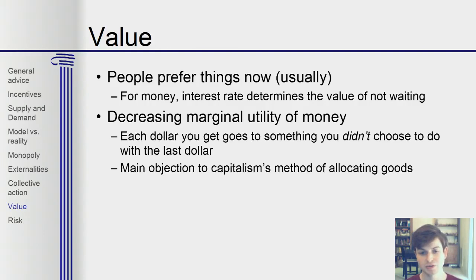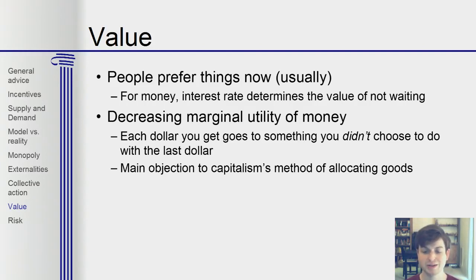Now, this is one of the main objections to capitalism's method of allocating goods. Remember when we talked about supply and demand, we said whoever's willing to pay the most money for something gets it, and that's supposed to give the good to the people who value it most. But if some people have a lot more money than others, they might be experiencing very low marginal utility, meaning that they're willing to pay a lot for a little bit of happiness at this point.